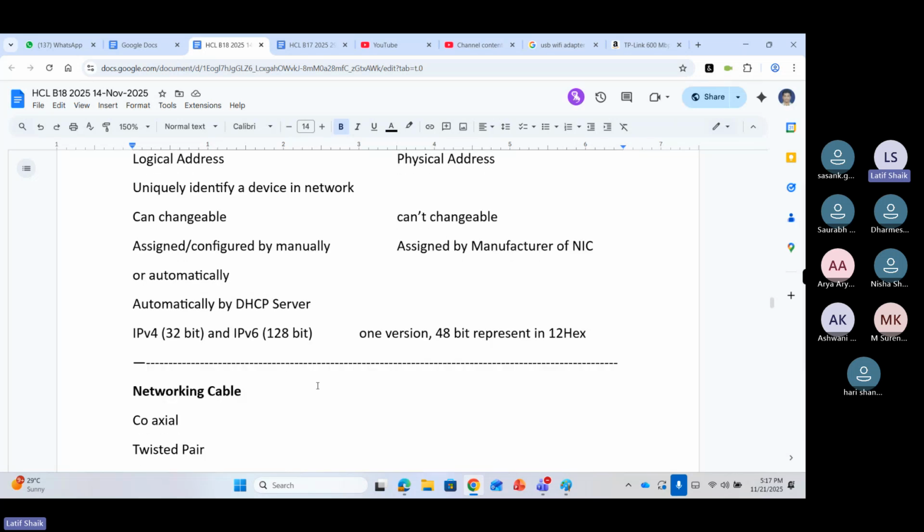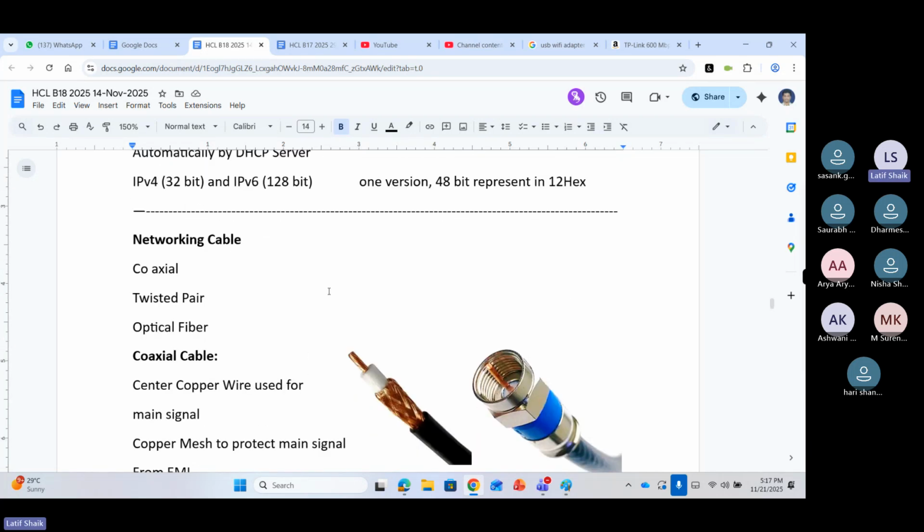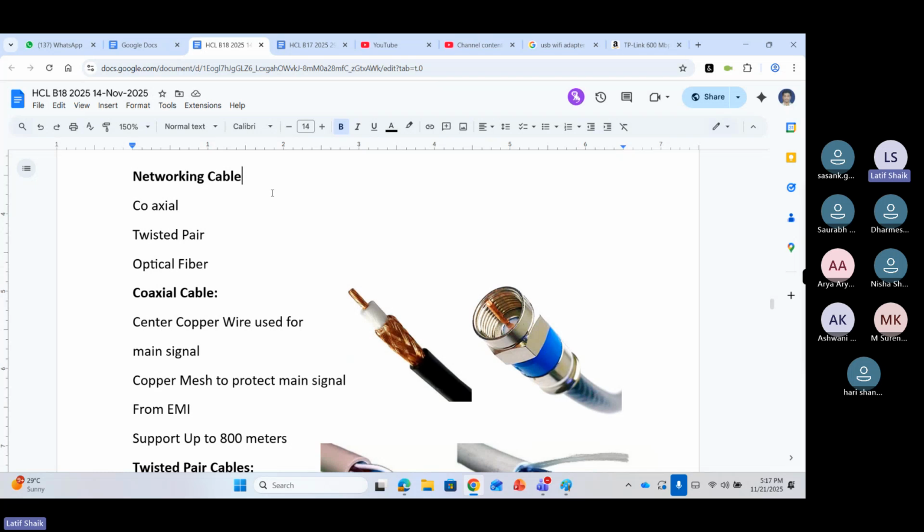But right now I'm jumping to the networking cables because it's already 5:17 and some people are leaving. So we'll see the networking cables and then we'll see the networking devices. After networking devices, we'll see the IP address and MAC address differences, how to check MAC address, how to check IP address, and we'll discuss IPv4 and IPv6. Okay. So let me complete the networking cables and then we're going to start.